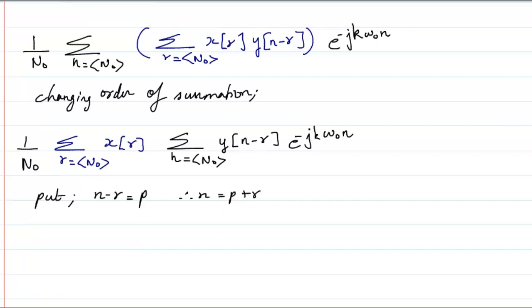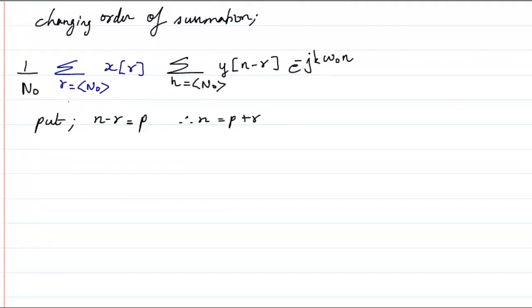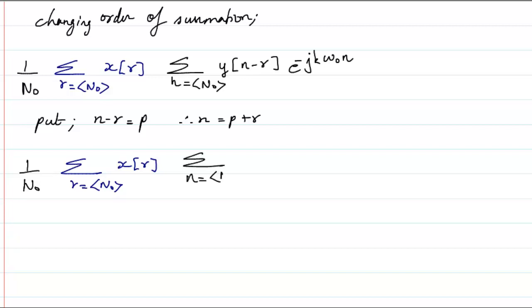If I substitute this above, I will get again 1 by n naught summation r within the limit of period n naught x of r, and now here the summation n for the period n naught, y of n minus r can be written as y of p and e raised to power minus j k omega naught, n can be written as p plus r.